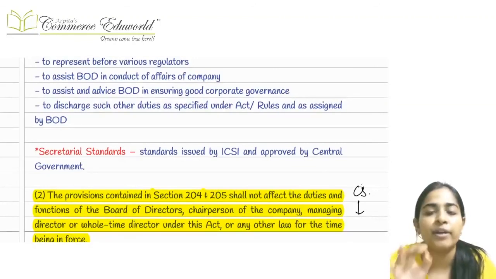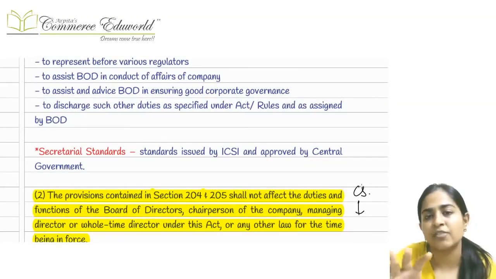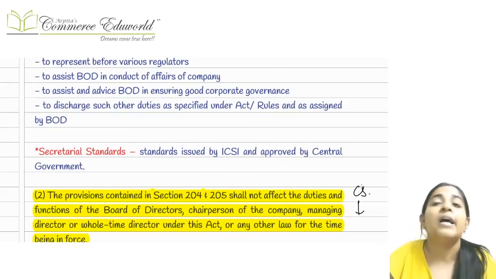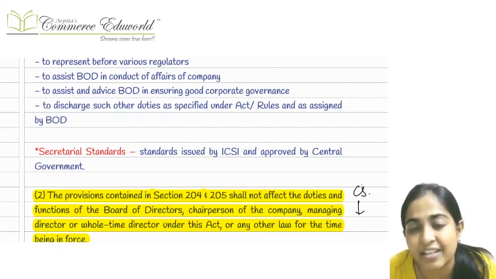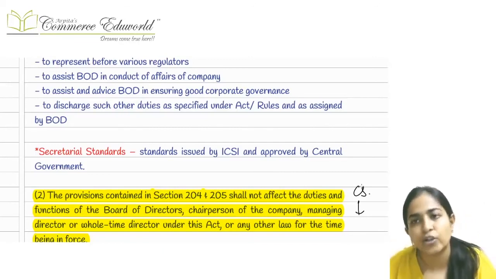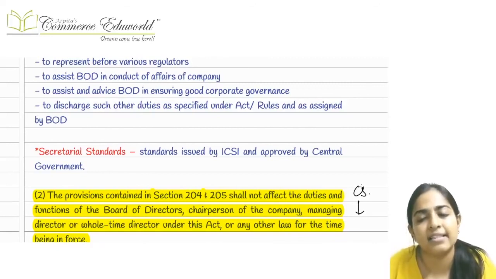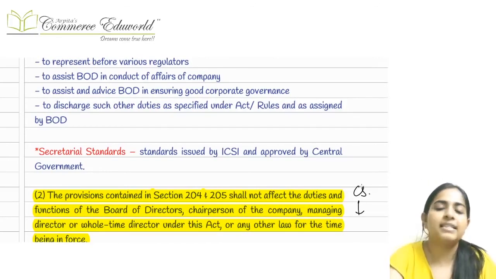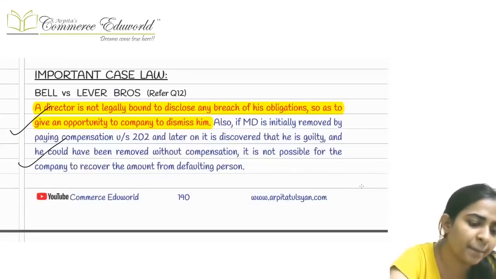And the most important point about the functions of the company secretary is that he has to comply with the secretarial standards. These standards are issued by the ICSI, the Institute of Company Secretaries of India, and approved by the central government. These were the most important functions of the company secretary.